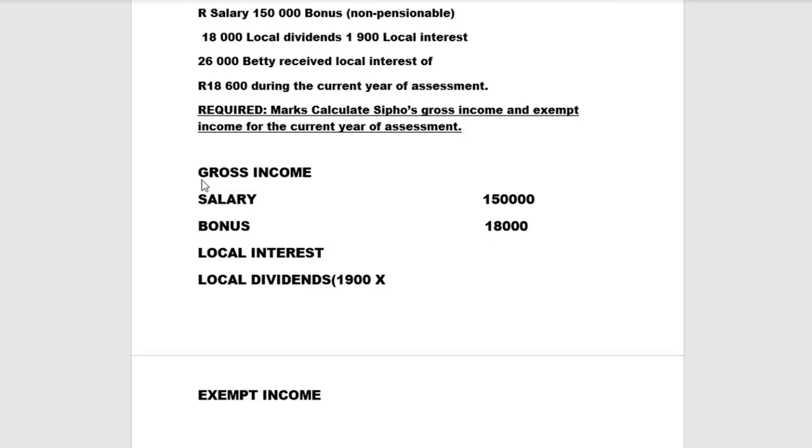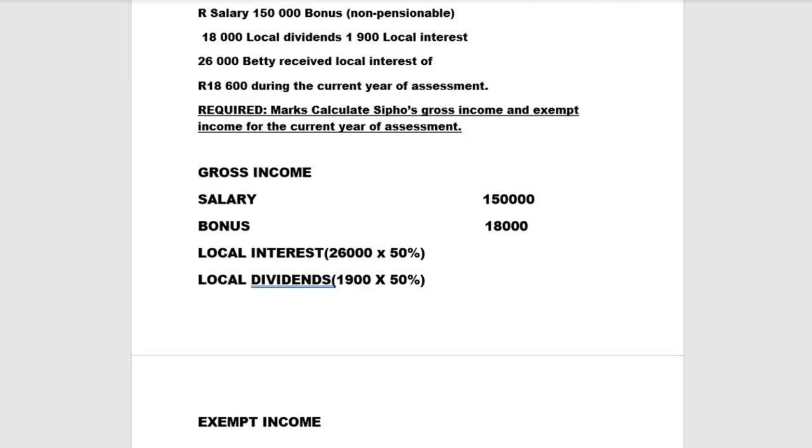Remember, Sipho is actually married in community of property, so they have to go half, right? And then the local interest as well will be 26,000 rand, and then you multiply this by 50%.